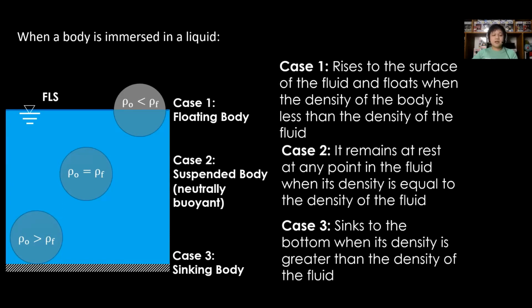An example is if you opt to swim, some float while others sink because the buoyant force is dependent on the volume of your body. So the bigger the volume, the higher the chance that you will float due to a higher value of buoyant force.